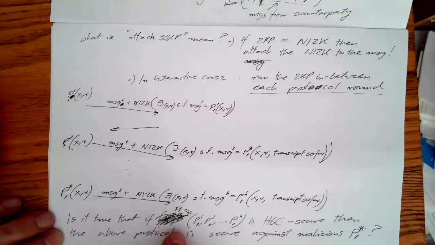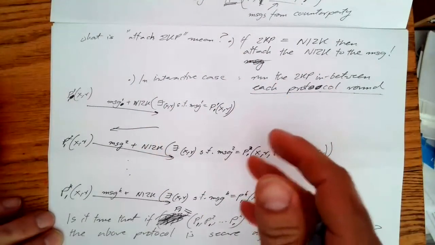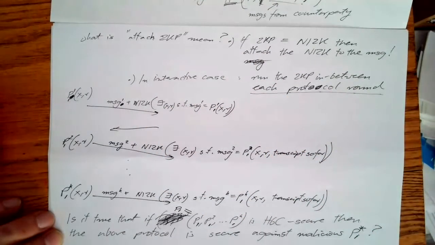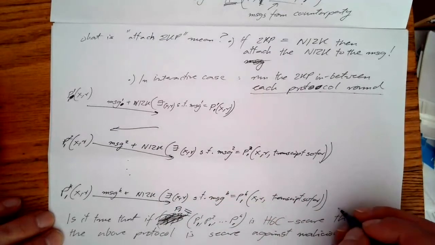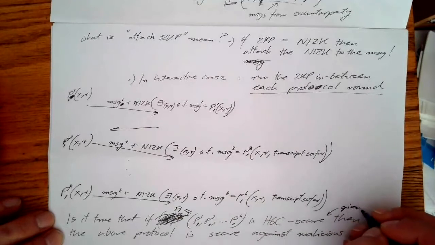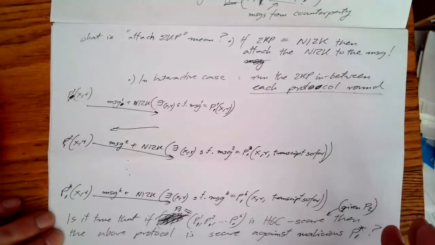Because there is some honest protocol P2, right? And this statement is also given P2, so we know what P2 does.